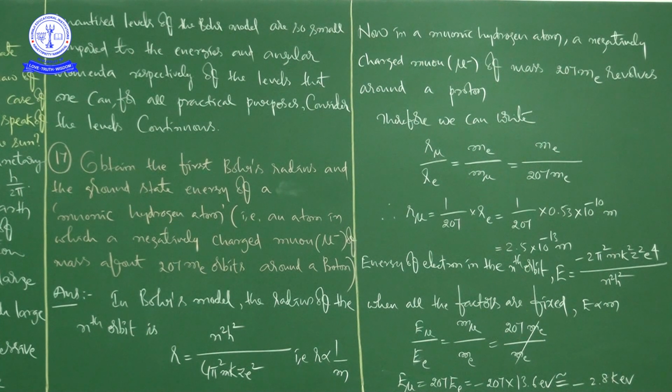Usually the value of n is big, around 10 to the power of 70, and that is the reason the energies and angular momenta differ from the atomic structure to the solar system. In the 17th problem, he asks to find the radius and energy of the orbit in which the muon is present. We calculated the radius as 2.5 into 10 to the power of minus 13 meters based on the given value, and the energy as minus 2.8 kilo electron volt.